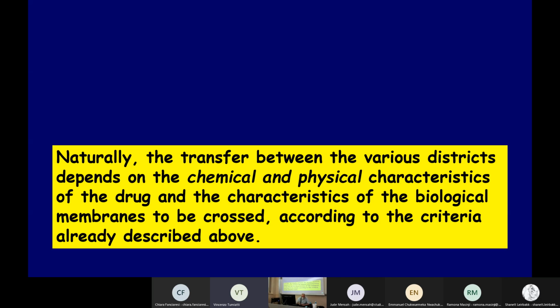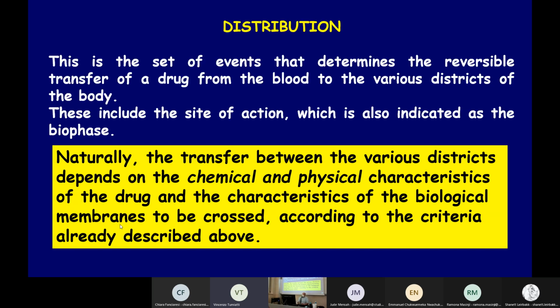The distribution of the drug after its absorption in the various districts depends on the chemical and physical properties: solubility, partition coefficient, the binding to the protein. And so it's important to know this type of properties of our drugs.